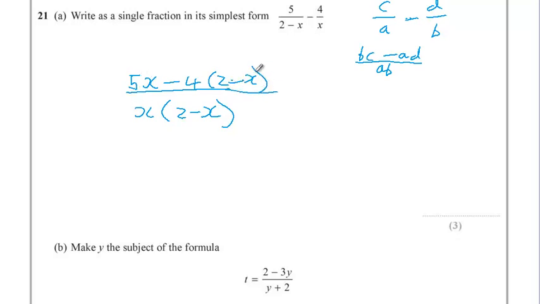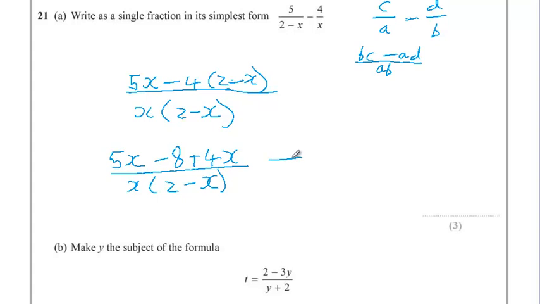And then we need to expand this bit at the top there. 4 times 2, 8. Minus times a minus x is plus 4x. We'll keep this as it is on the bottom. We don't need to expand that.